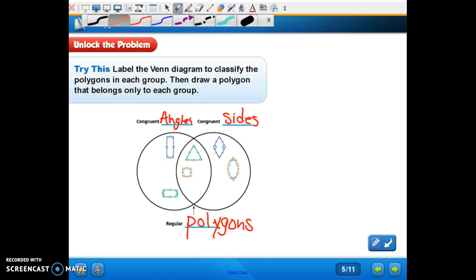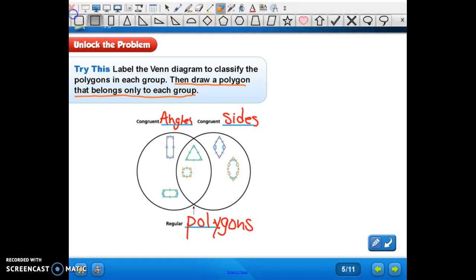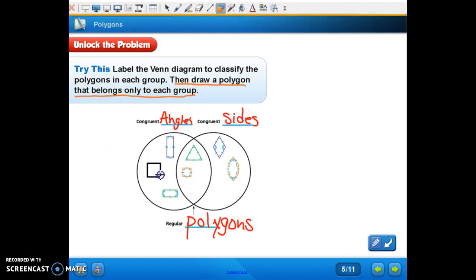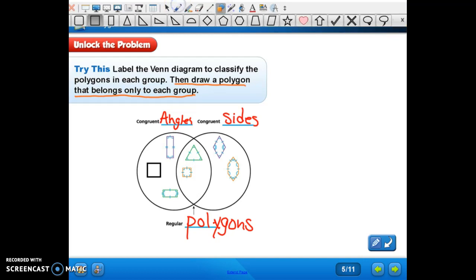Okay, we labeled our Venn diagram, so now we're supposed to draw a polygon that belongs in each group. What could we draw over here? Something that has equal angles. A square. What could we draw in the other one that has equal sides? A rhombus.